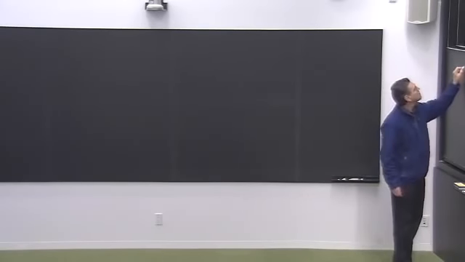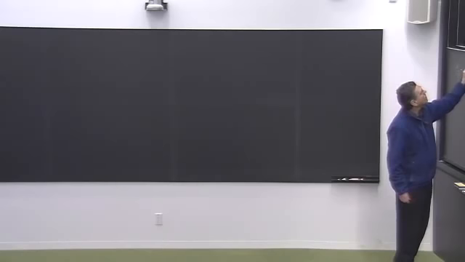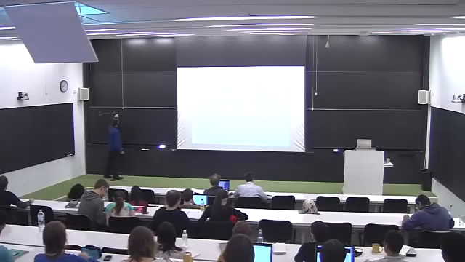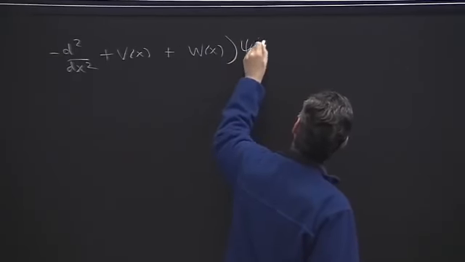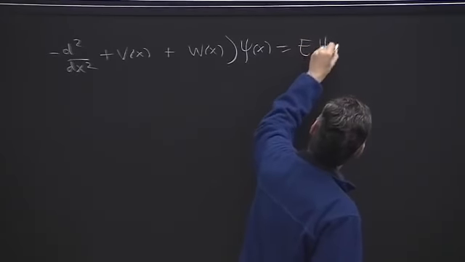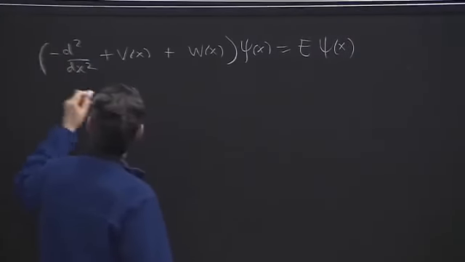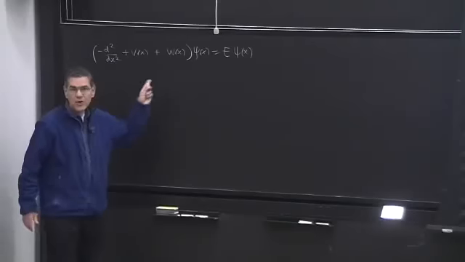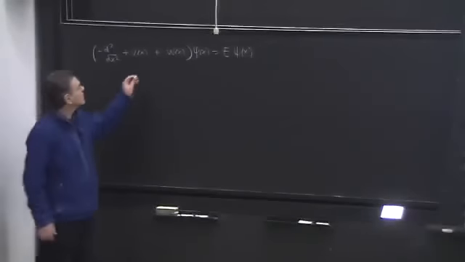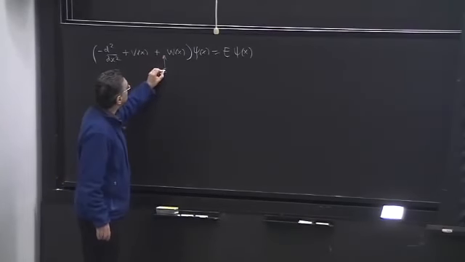Okay, so what we argued was that if you have some sort of differential equation like this, some sort of Schrodinger equation like this, to solve this problem, the first step is putting in an epsilon.